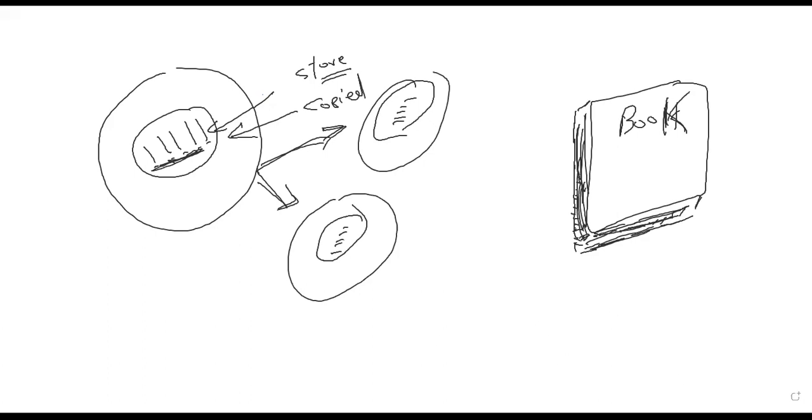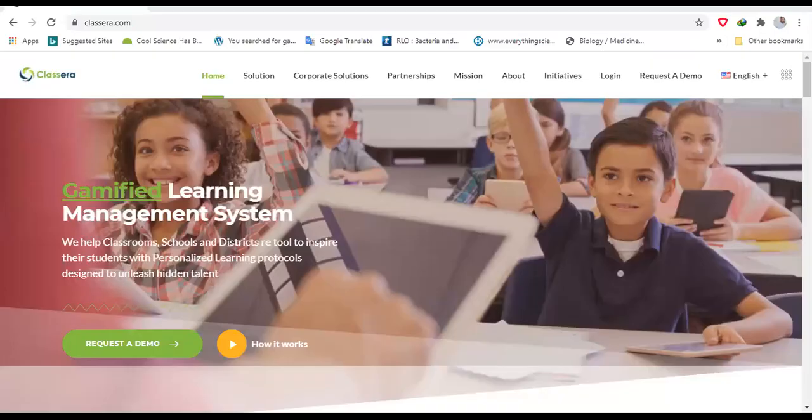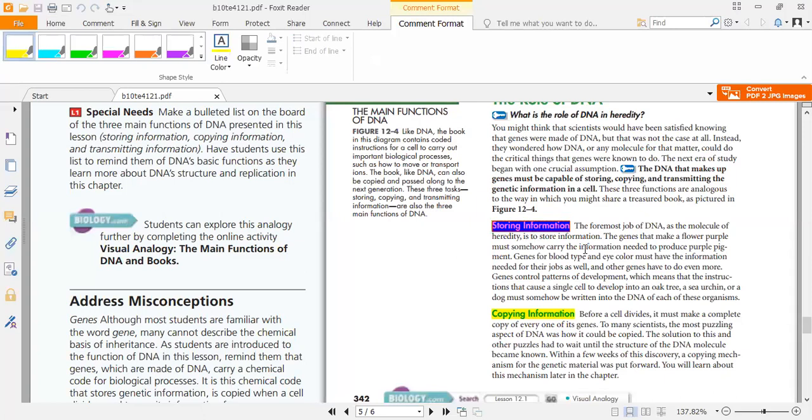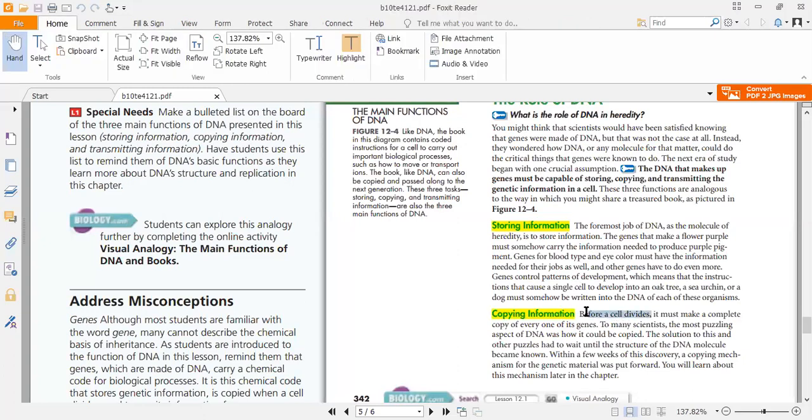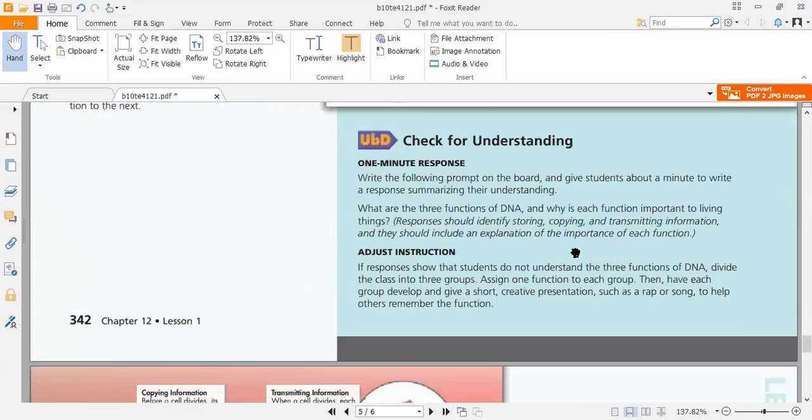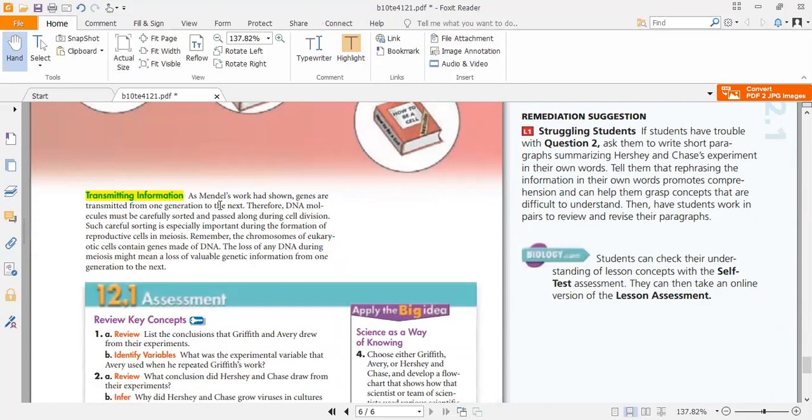These are the properties of the genetic material: to store information, to copy information before cell division, and to transmit information to the new cells. Genes are transmitted from one generation to the next.